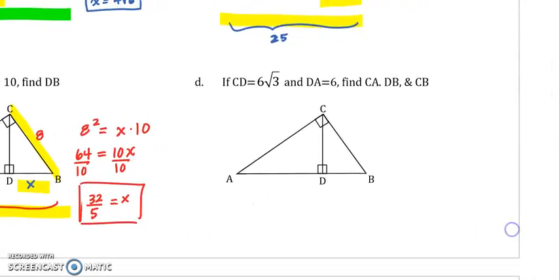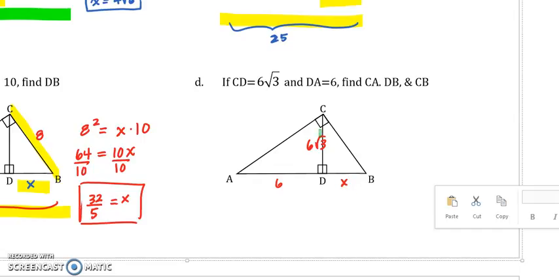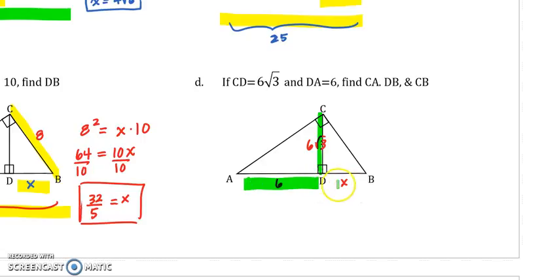All right, let's try another. CD equals 6 root 3. So this is the case where he slides down the middle. DA equals 6. And they want me to find a lot of missing pieces, but let's start by marking this one as x, because when Pete slides down here, his slide squared is going to be, well, he can walk this way or this way. So this is kind of different than the other two.